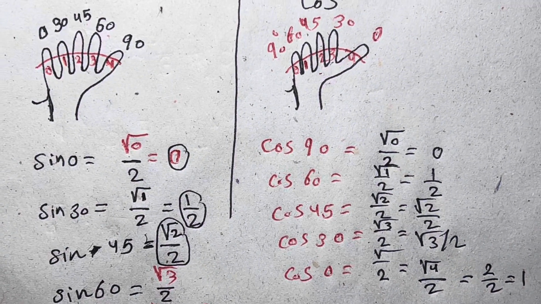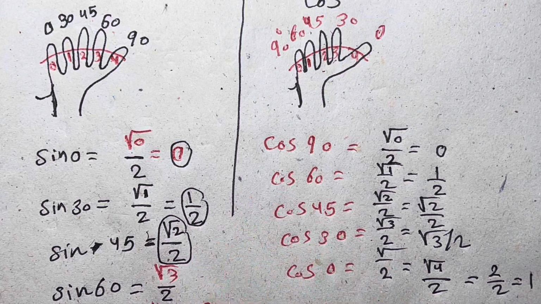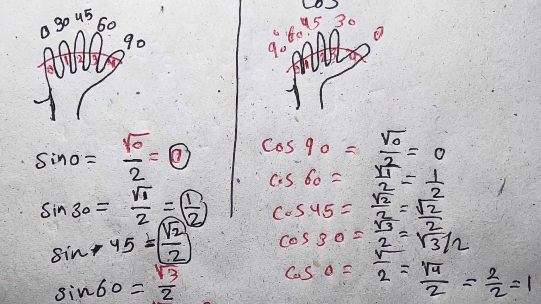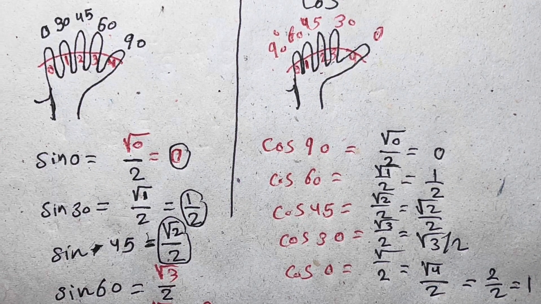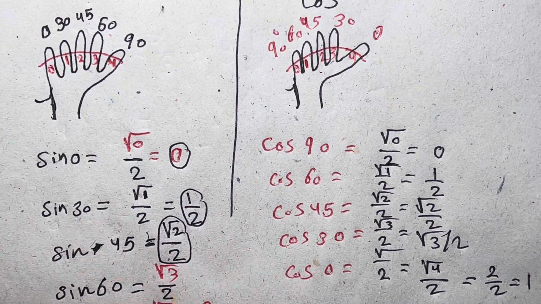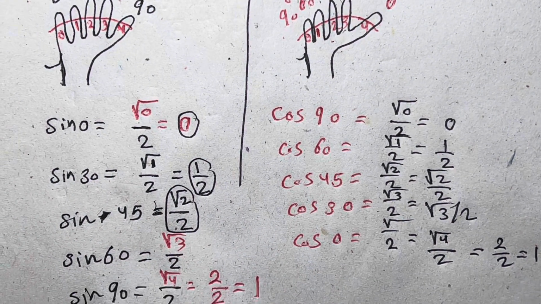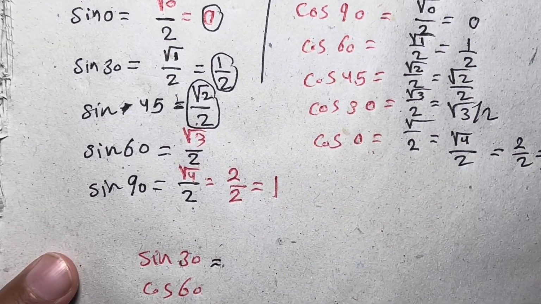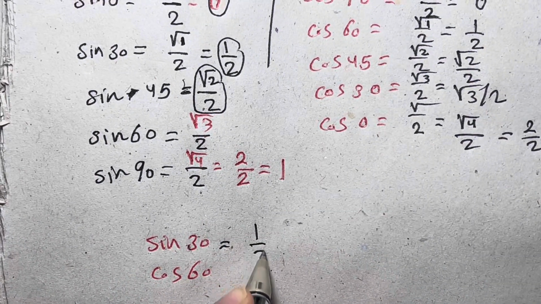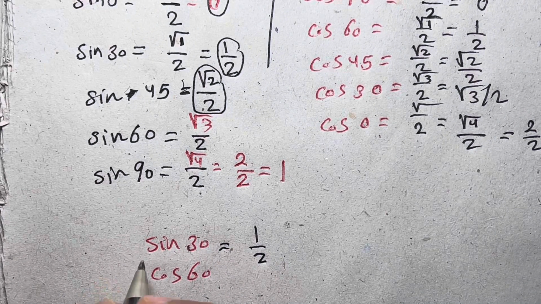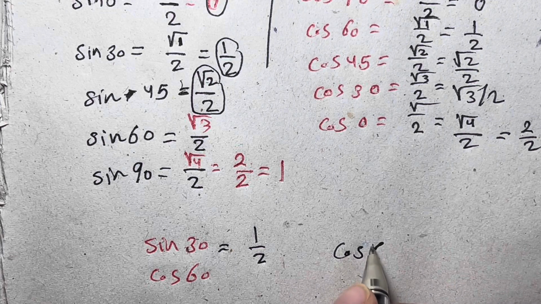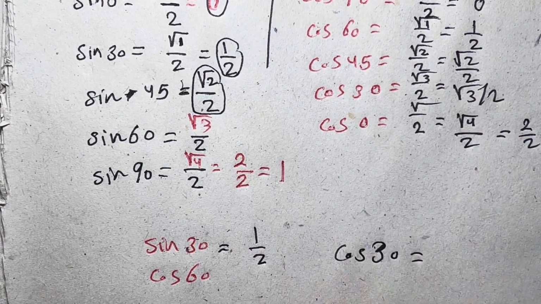If you can notice something here, sine 30 and cosine 60. Look, sine 30 equals 1 over 2, and cosine 60 is also 1 over 2.